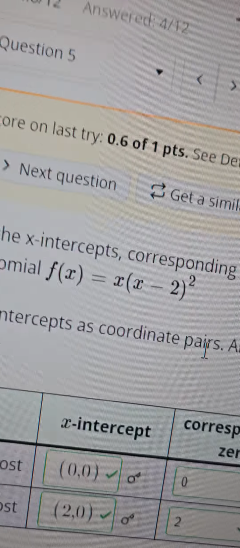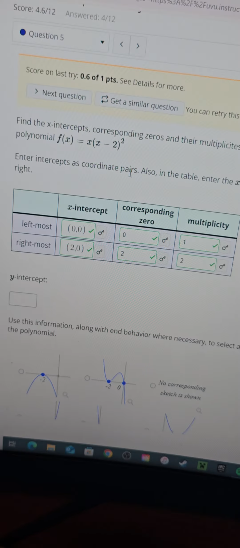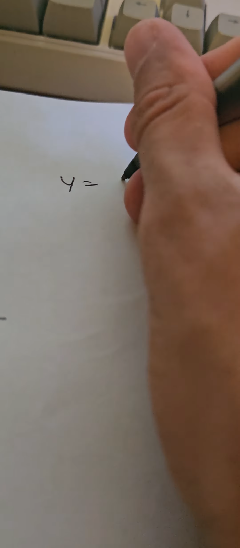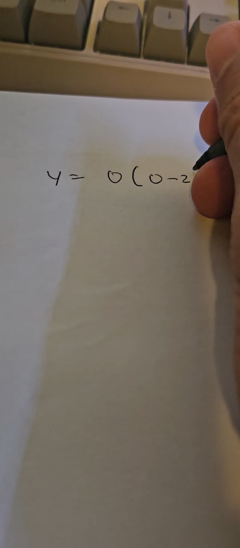The y-intercept, you take this equation and you replace x with 0 and then solve for y. So the equation is f of x equals x. Let's write this out. y equals 0 times 0 minus 2 squared.